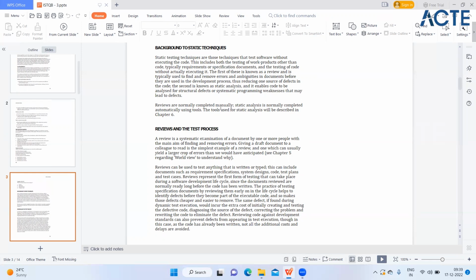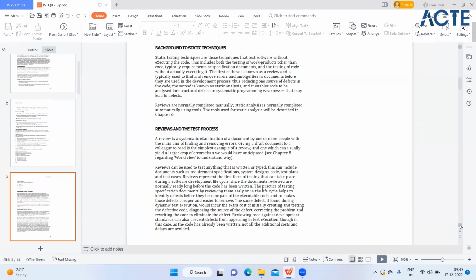So what's the benefit of it? When we find defects or gaps in the requirement document or other documents before code is started, it will save our cost, time and manpower, because we have already checked for faults in the document itself.